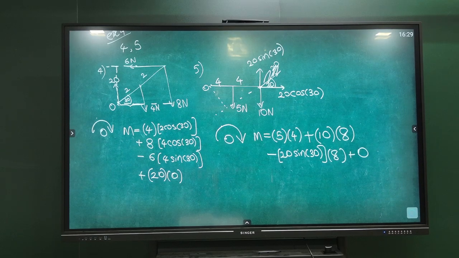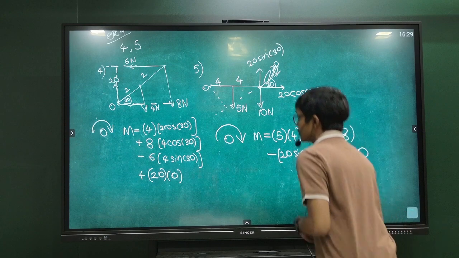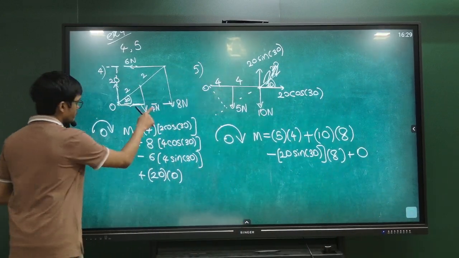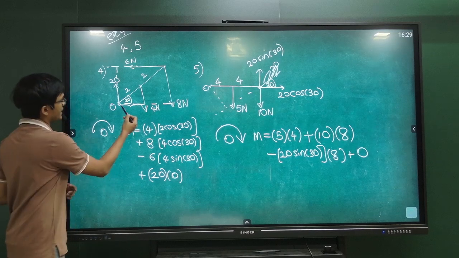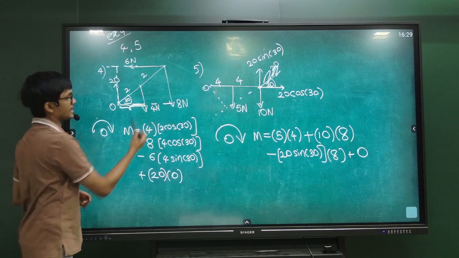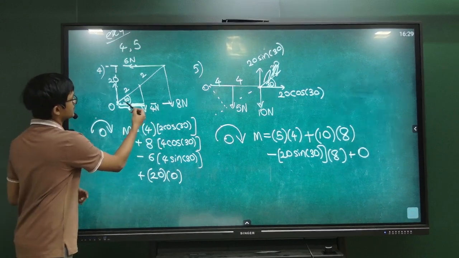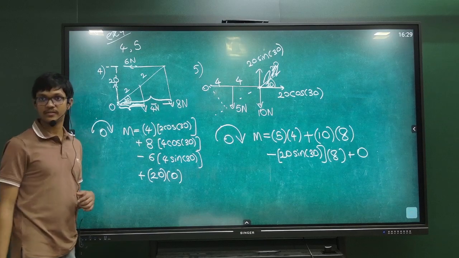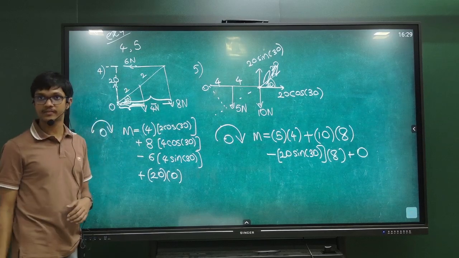Attention, here this is 4, the perpendicular distance to the line of action is this, 2 cos 30. This is 8, the perpendicular distance to the line of action is this, right? 4 cos 30.